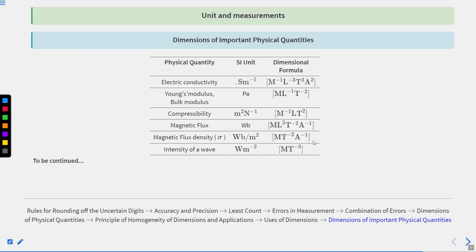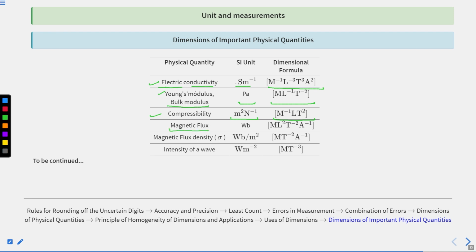Some more physical quantities like electric conductivity and their SI unit and their dimensional formula. Similarly, Young's modulus and bulk modulus, the SI unit and dimensional formula. Compressibility, SI unit is this and this is the dimensional formula.